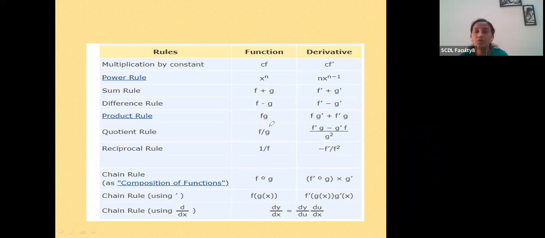But in the product rule we go with addition instead, and when the quotient rule is given, you go with subtraction.